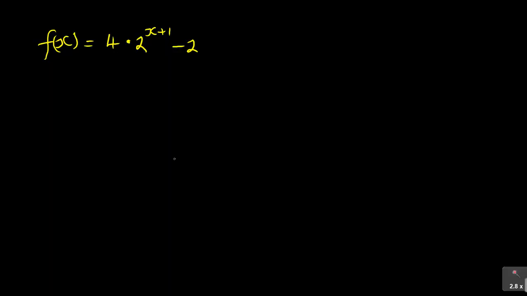So what you do here is you are given f of -1 is equal to, so what they are saying is wherever there is an x like that, you need to put a -1 there. That's what actually it means. And when you do that, you will simplify as 4 times 2 to the power of -1 plus 1, minus 2.